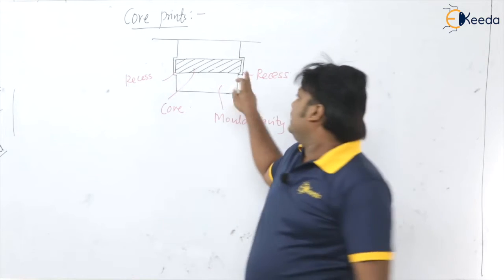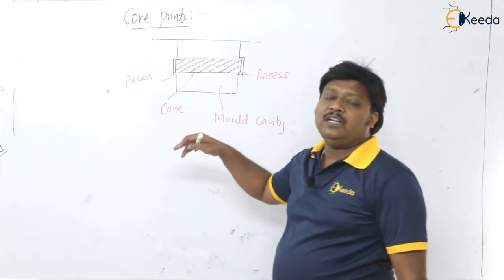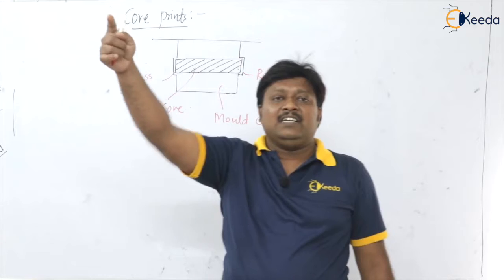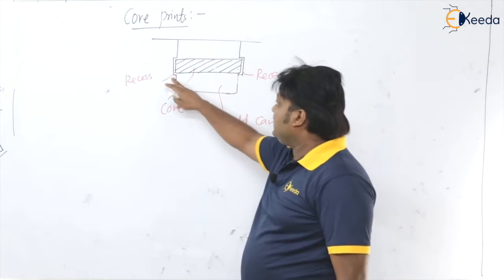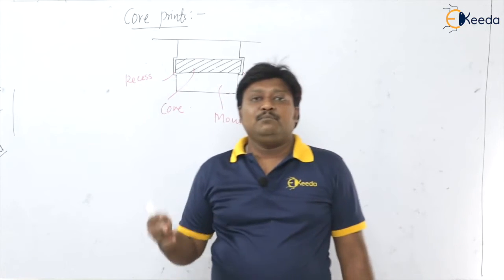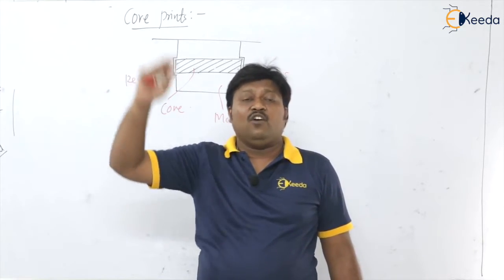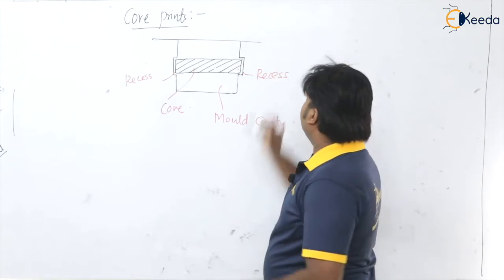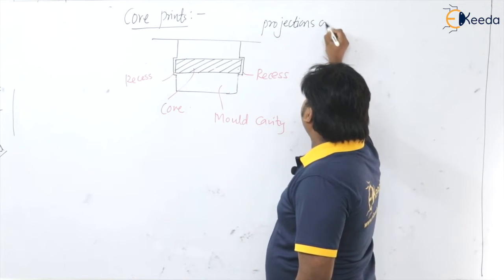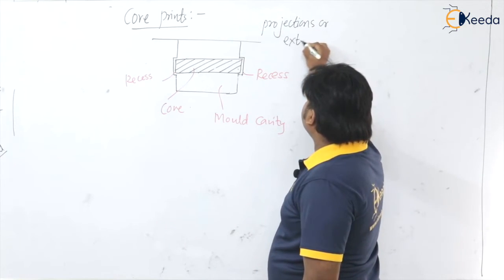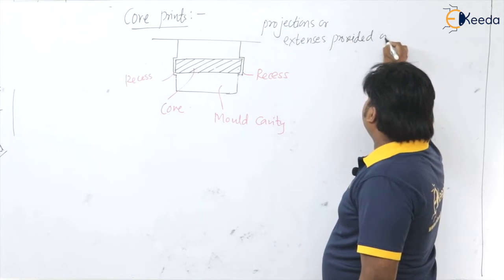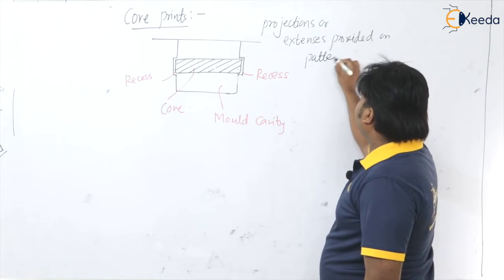Of course, this impression we are getting in the mold cavity because of the impression we already have on the pattern. So whatever recess is provided here in the mold cavity, it is simply because there are projections or extensions provided on the pattern itself.